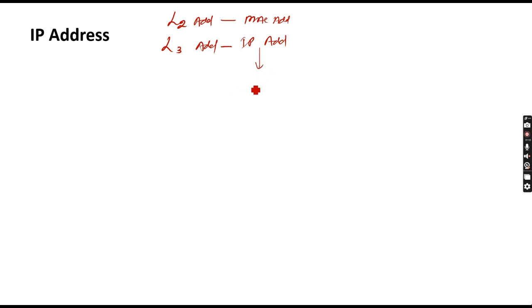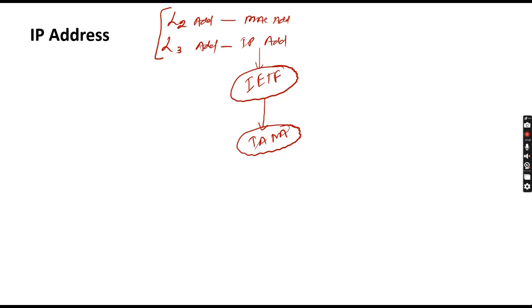Make sure the IP addresses were developed by an organization called IETF, the Internet Engineering Task Force, and it is given to IANA, and IANA maintains and allocates these IP addresses. So let's get started with the very basic things. The point to be noted: these addresses are developed by this and maintained and allocated by this.